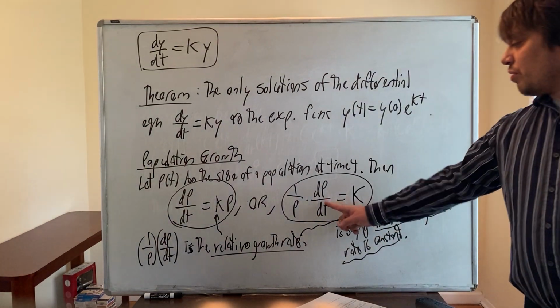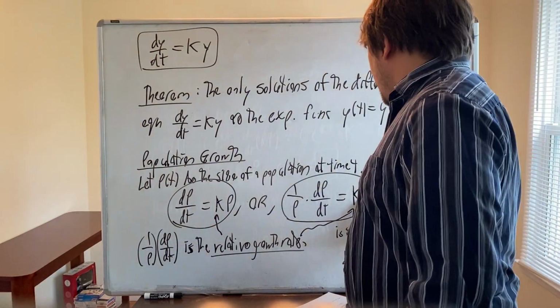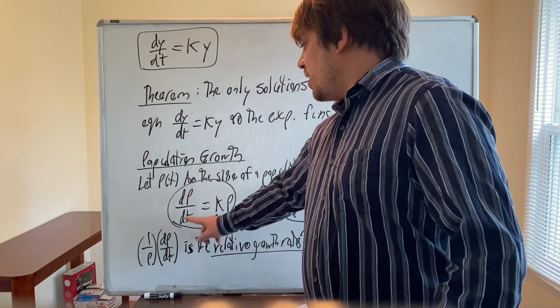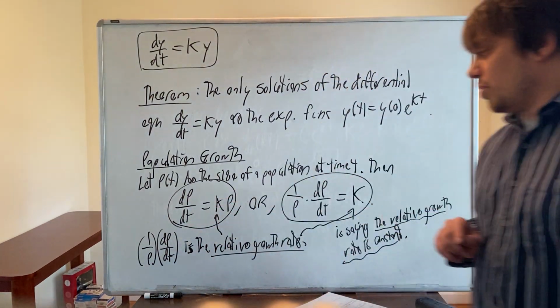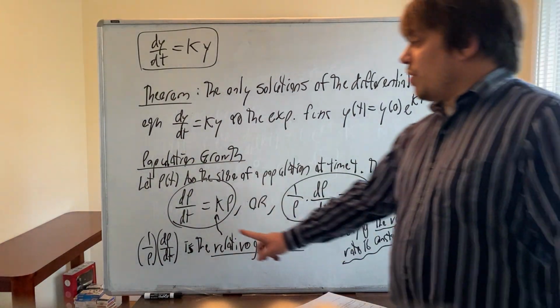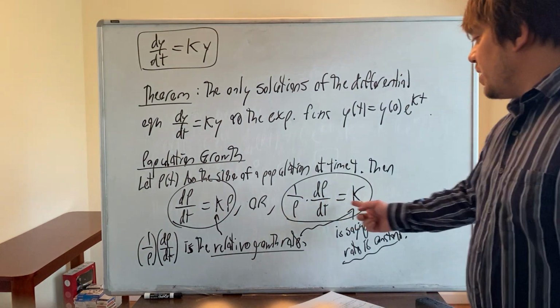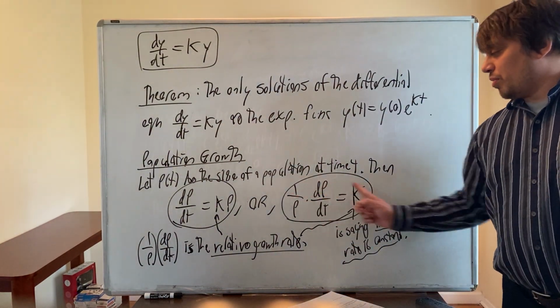If the relative growth rate is constant, that means there's a k that equals this, and so there's a k that satisfies this equation, which means the growth rate is proportional to its size. If the growth rate is proportional to its size, you can multiply both sides by 1 over P and get this equation, which means the relative growth rate is constant.